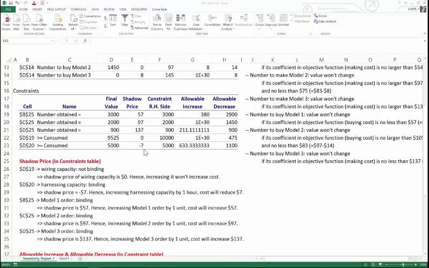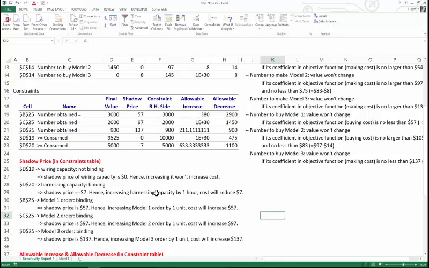So they are binding. Then -7, what does that mean? That means if you increase harnessing capacity by 1 hour, your optimal solution value, the total cost, will reduce by $7.